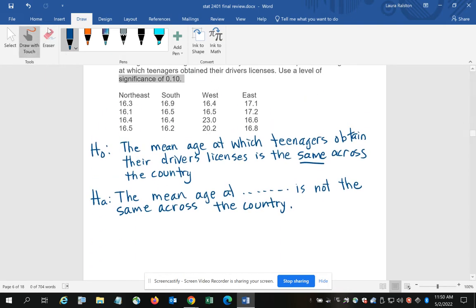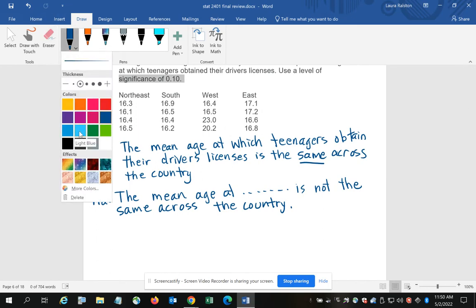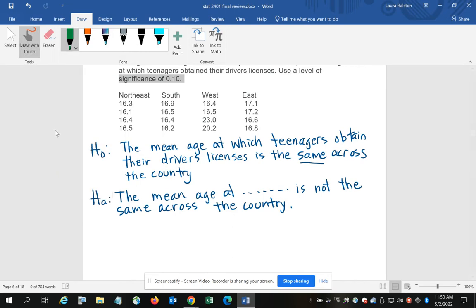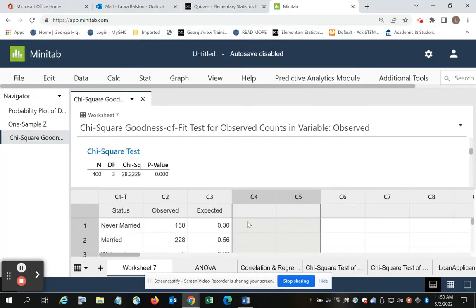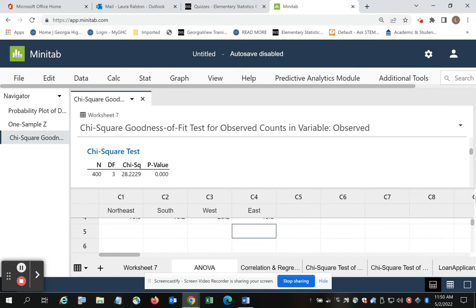We then have to enter the data into Minitab to get our test statistic for ANOVA, which is the F, and our corresponding p-value. So I have already entered the data, and when you enter the data, you do have to enter it and keep it sorted. So you have a column for Northeast, a column for South, a column for West, a column for East.